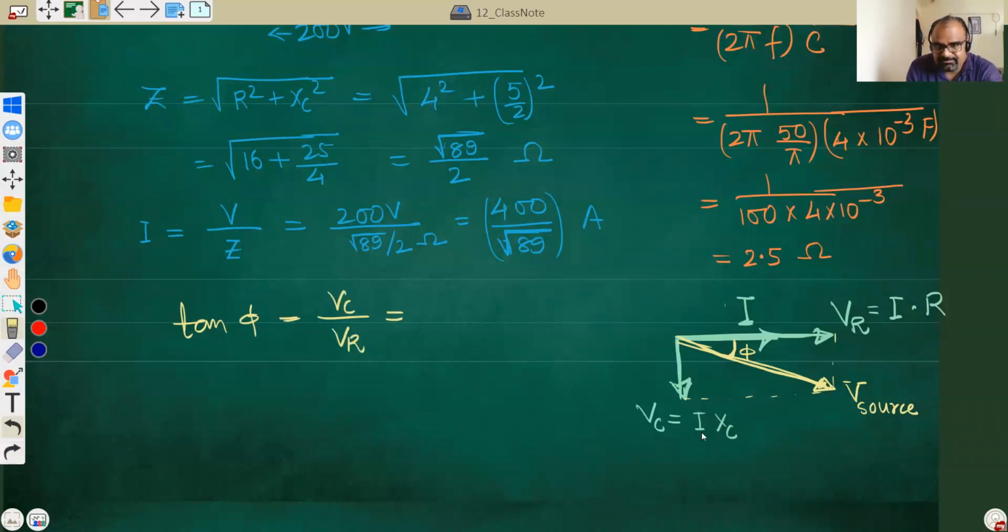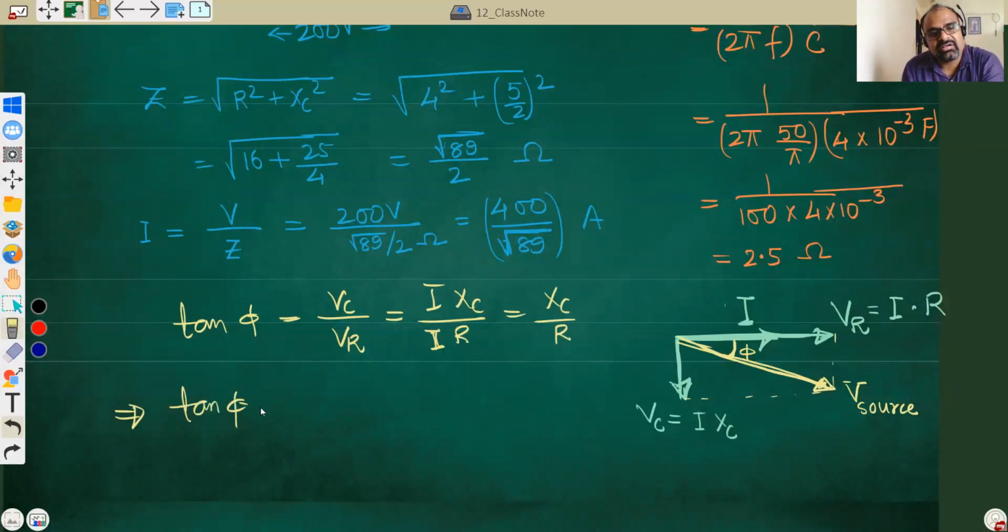Now VC is I into XC, and VR is I into R. I gets cancelled out, so XC by R. What is the value of XC, by the way? XC was 5 by 2, wasn't it? Or 2.5, and R was 4. So from here we get phi is equal to tan inverse of 5 by 8.